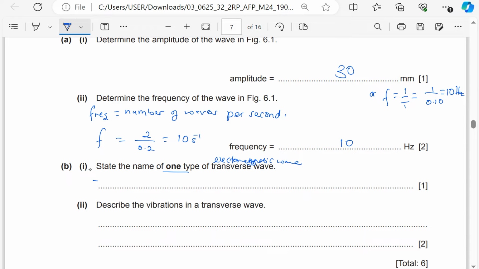In addition, you can mention seismic S waves. Those are secondary waves. Seismic S stands for secondary waves. You can mention waves on the surface of water. Remember, I mentioned electromagnetic waves.